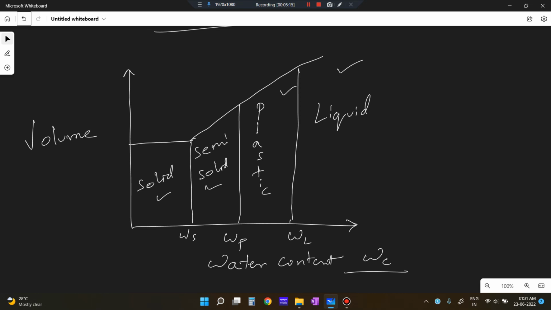Suppose you have a sample of dry clay, and you increase its water content largely by adding a large amount of water, and you make a soil suspension.